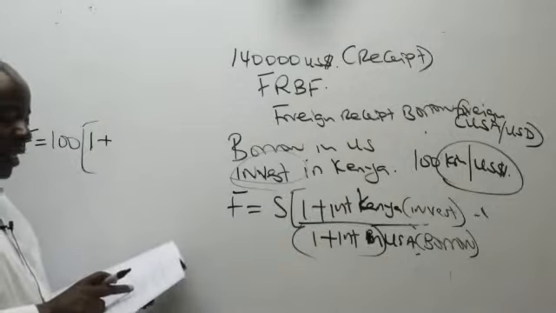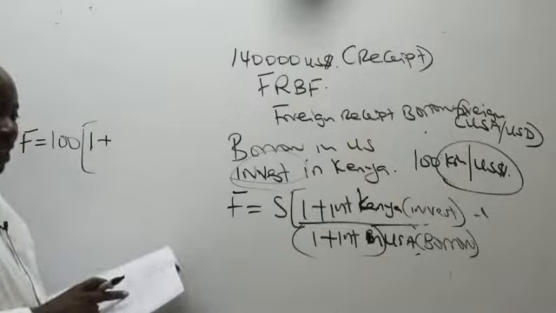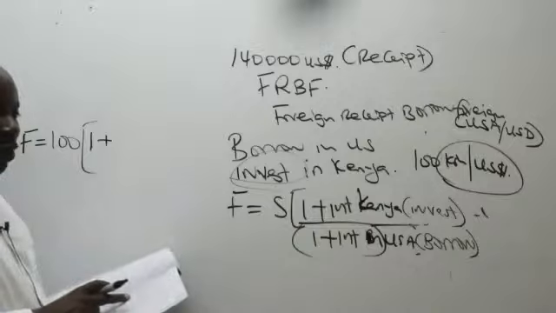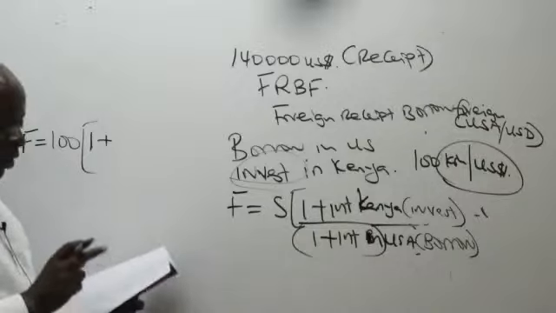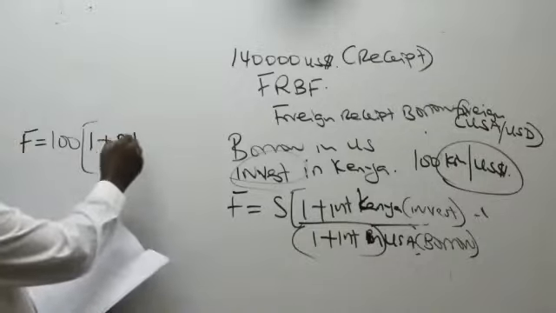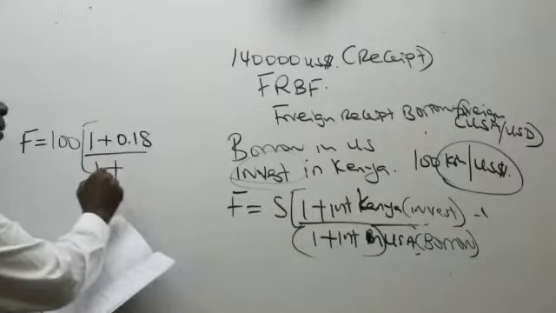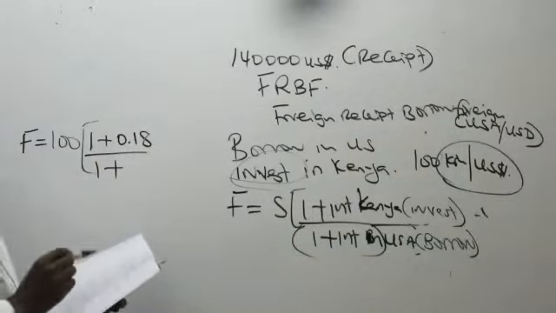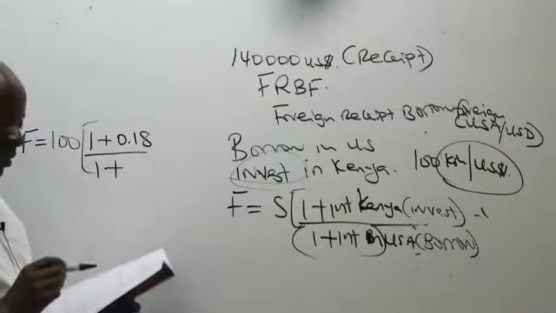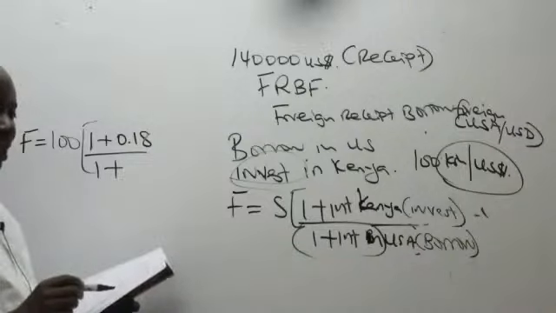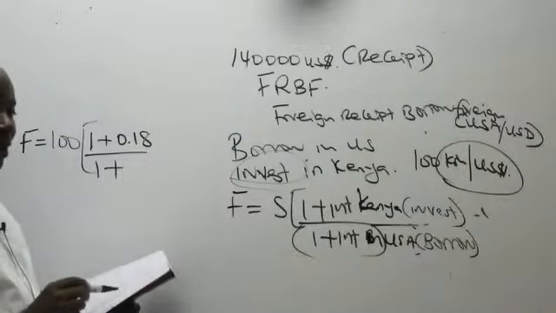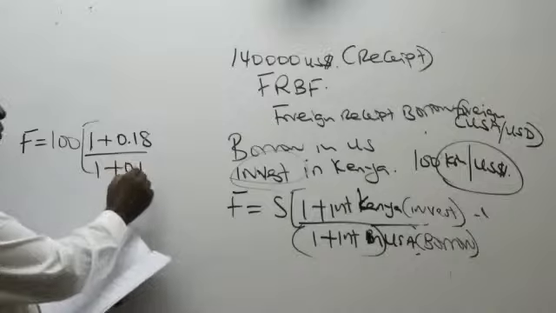Investing rate in Kenya has to be the lower, when you go to invest. It's 0.18, all over 1 plus the borrowing rate in the USA. Borrowing rate in the USA is 0.15.